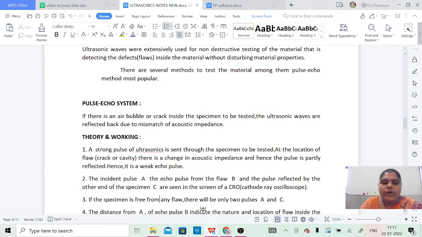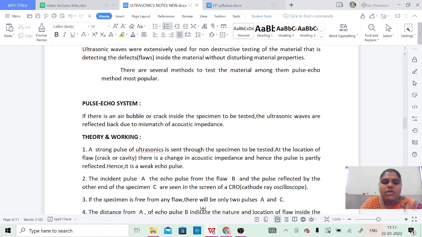Now, how will it detect the flaw? A strong pulse of ultrasonics is sent through the specimen to be tested. At the location of the flaw, there is a change in acoustical impedance and hence the pulse is partly reflected. So some part of the pulse will be reflected, hence it is a weak echo pulse.